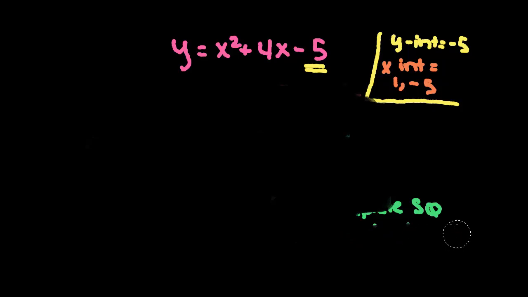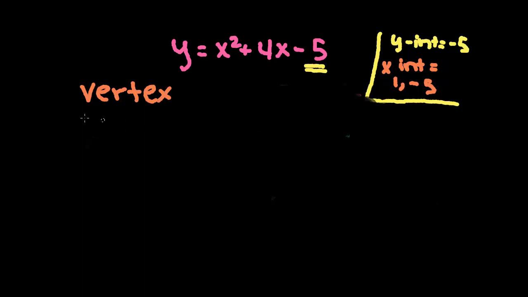There's a couple different ways we can find a vertex. One way is to complete the square.